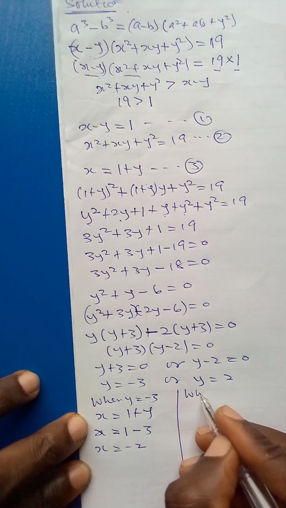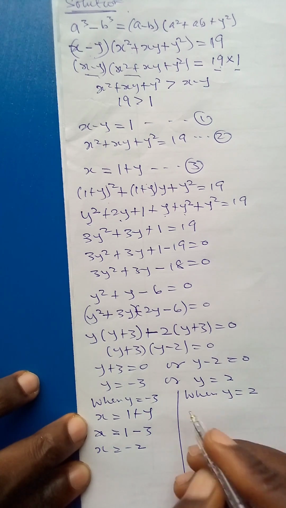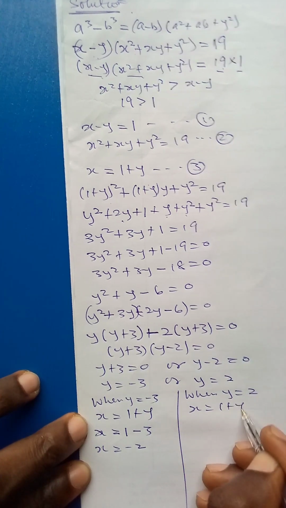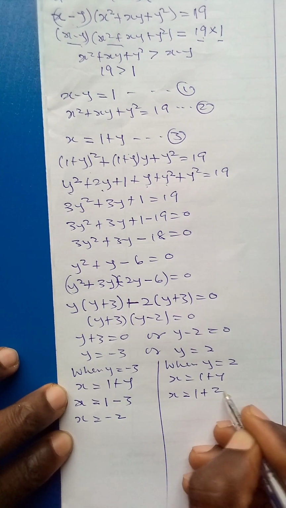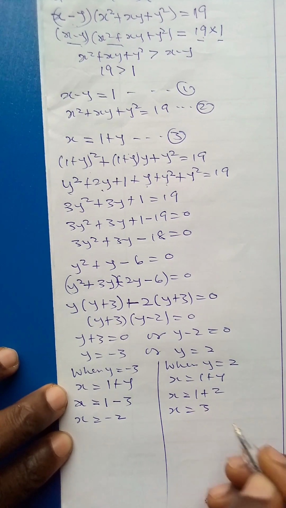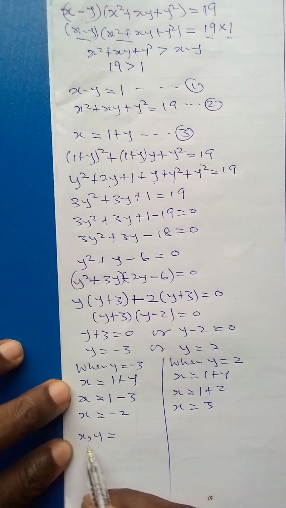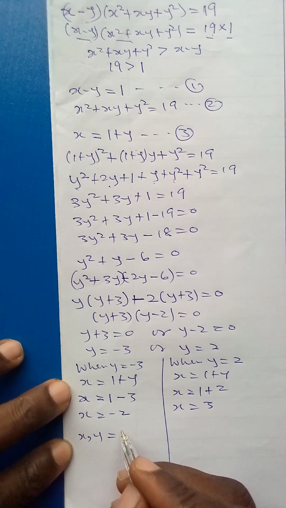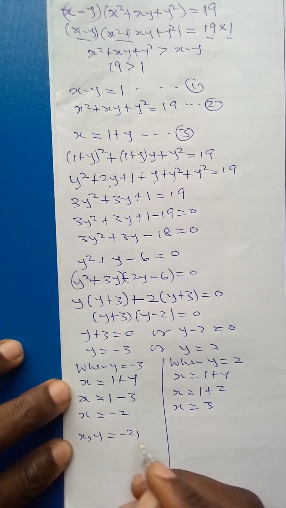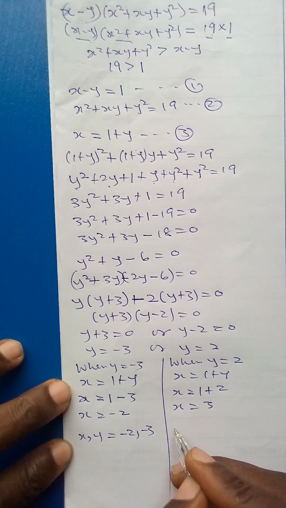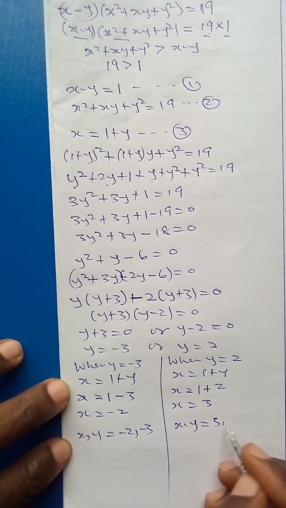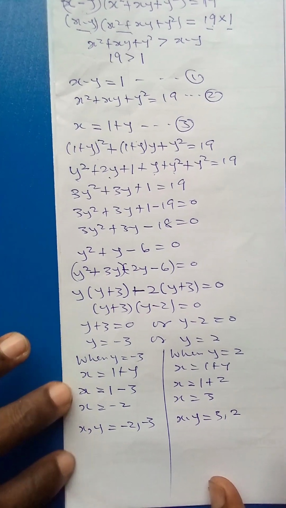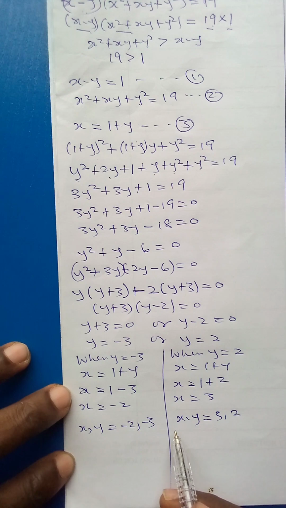And when y is 2, x is 1 plus y according to equation 3, and then x is 1 plus 2. x will give us 3. The solution to this equation is x comma y is minus 2 comma minus 3, and x comma y is 3 comma 2. Let us now check if our solutions are correct.